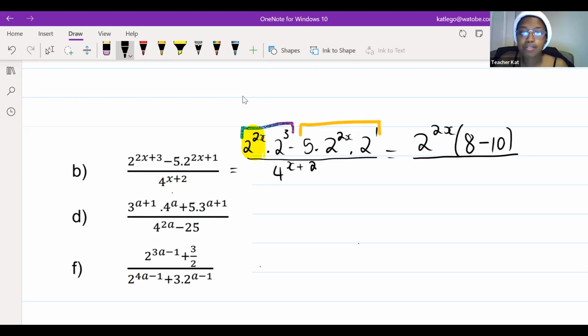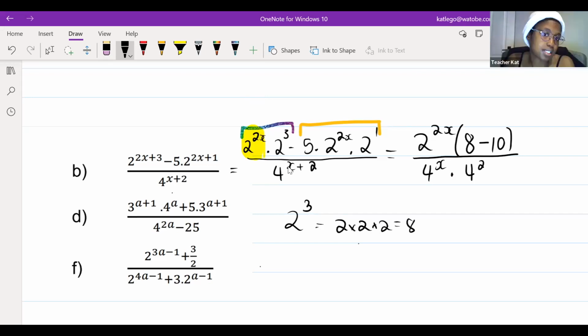Now we have a problem. We can't exactly cancel anything in the denominator. Let me split that. 4 to the power of x, 4 squared. What's going to happen now, guys? What can we do in order to cancel out those x's? How did we get 8? Liabona, what was left over was 2 cubed, which is the same as 2 times 2 times 2, which will give us 8.